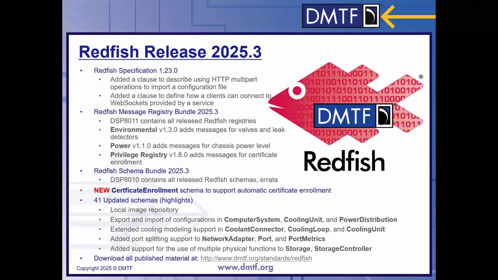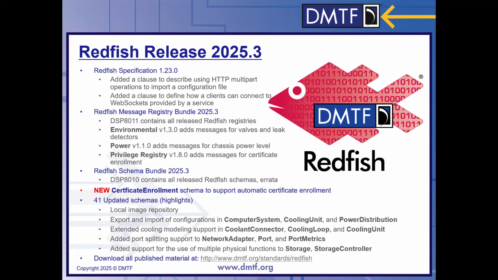There's also a new version of the schema bundle, version 2025.3. Some of the highlights include the new certificate enrollment schema to support automatic certificate enrollment for a service. Some of the minor updates to highlight. We've added new functionality to support what we're calling a local image repository. You'll see that later on.